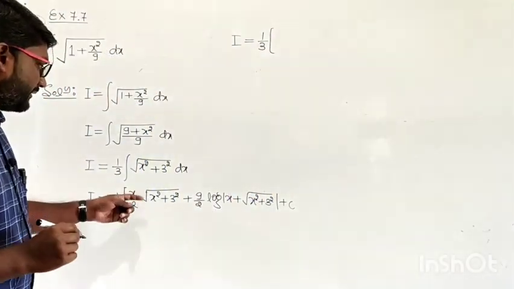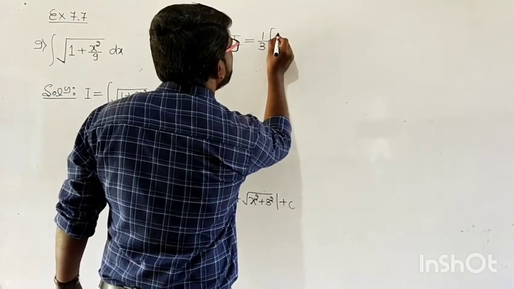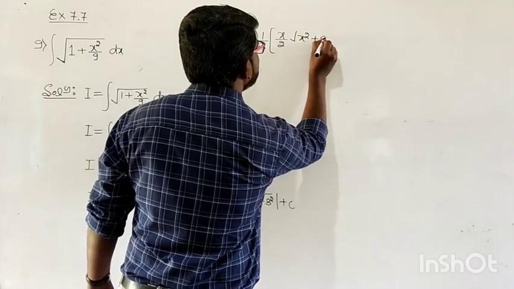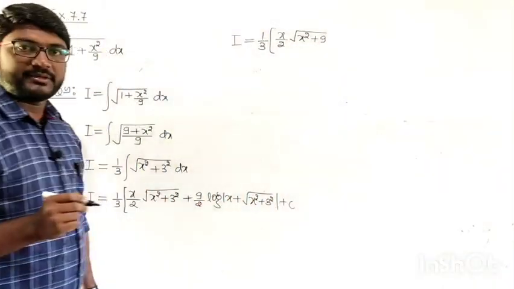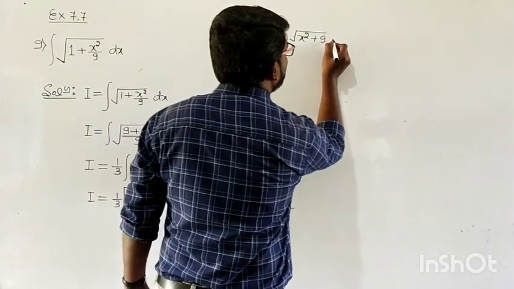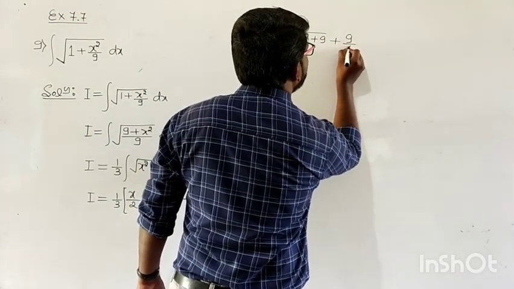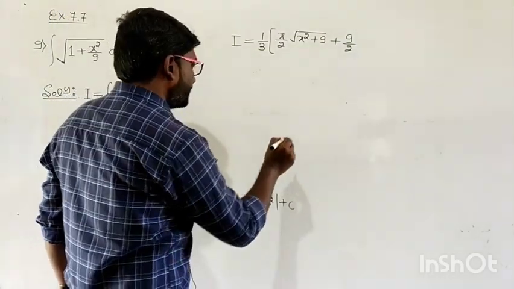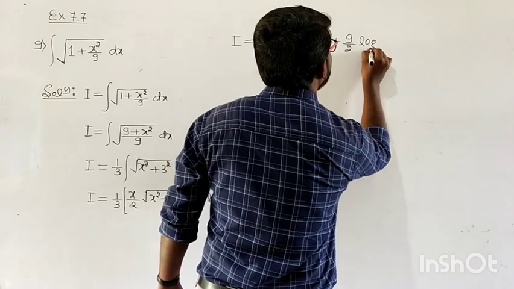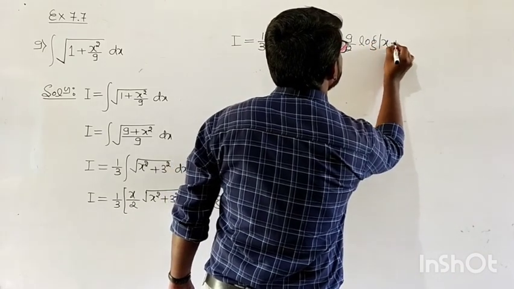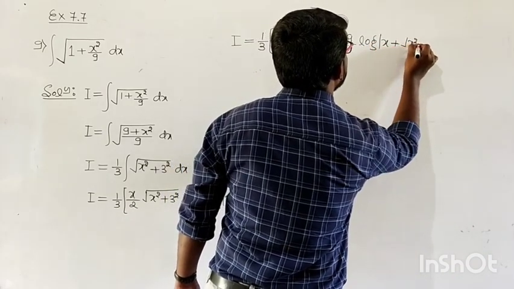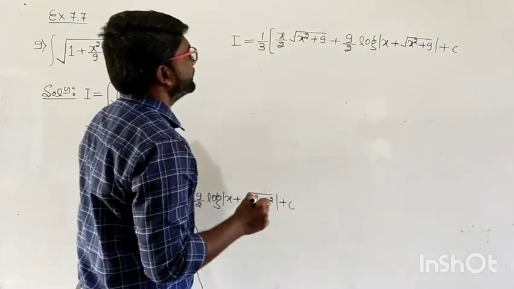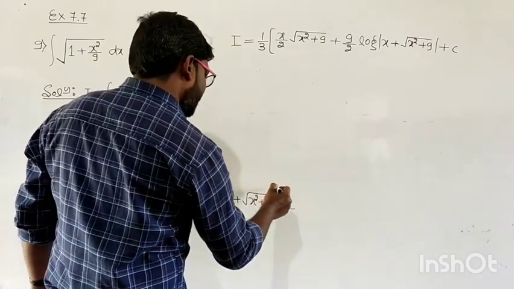Then here x by 2 square root of x square plus 9, plus 9 by 2, then log mod of x plus square root of x square plus 9, plus c. So here you have to close the bracket.